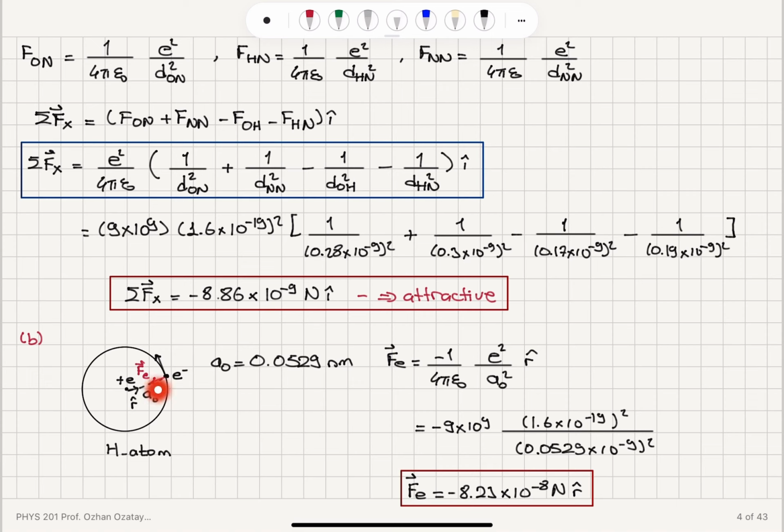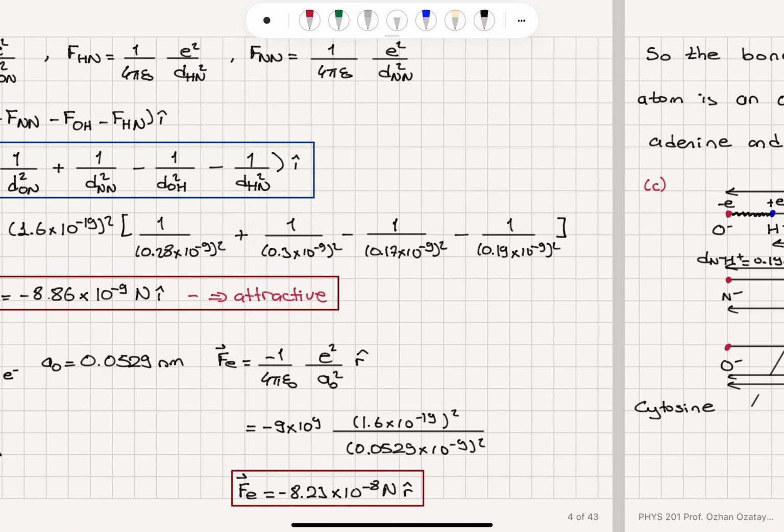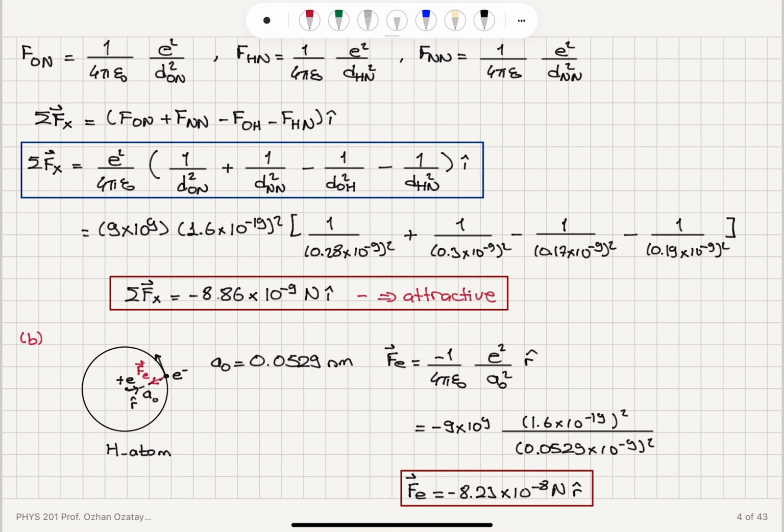When we compare it with the electron in the 1s orbital of the hydrogen atom, which has one proton interacting with this electron, for the first Bohr radius, 0.0529 nanometers distance between them, and electron and proton charge, 1.6 × 10^-19 coulombs with opposite signs, giving me an attractive interaction, I find 10^-8 newtons instead of 10^-9. So we see that the bonding force of the electron in the 1s orbital of hydrogen is an order of magnitude higher than that of the force between adenine and thymine molecules in this model.